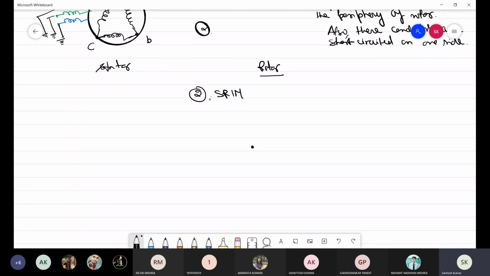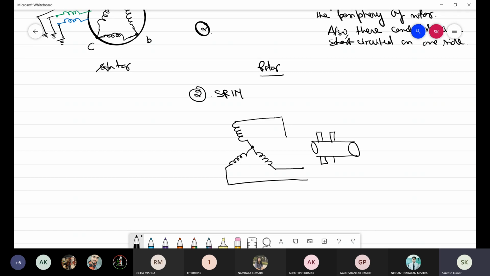Rotor will be having the 3 phase winding connected in star, and from there this is the shaft of the rotor on which three slip rings will be connected. Three slip rings will be connected.